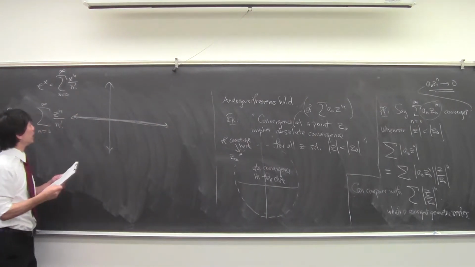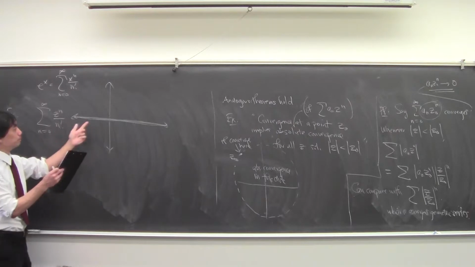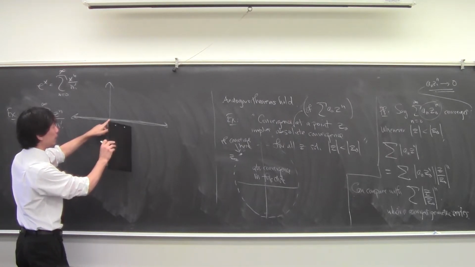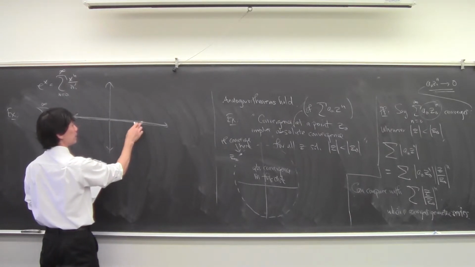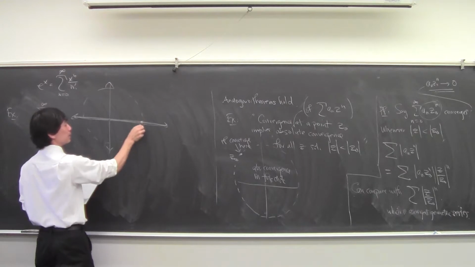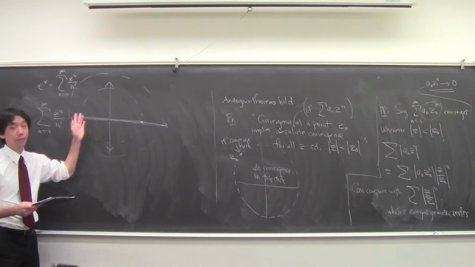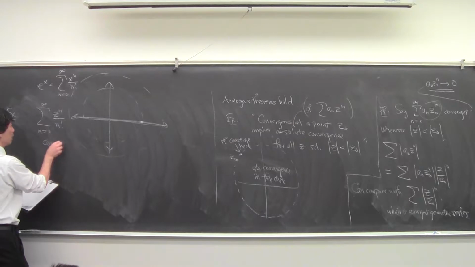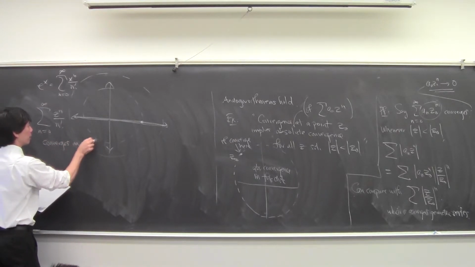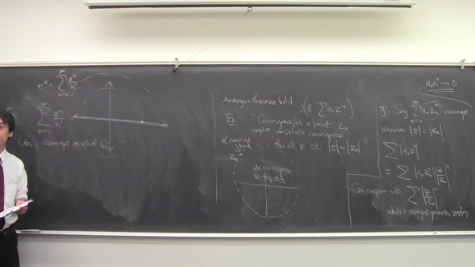So what does that tell you about the domain of convergence of this? It has to be a disk. We know it converges here, so it converges on this disk, absolutely. It converges here, so it converges on this disk, absolutely, and so on and so forth. This actually converges on the whole complex plane, on all of C. Absolutely converges, in fact.